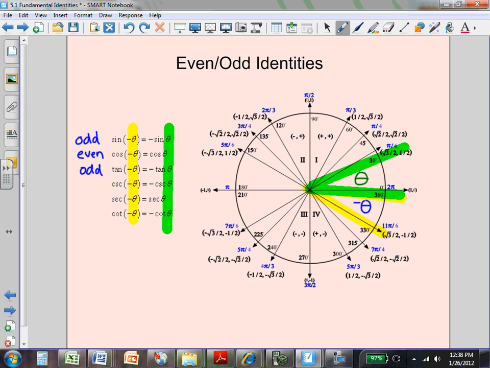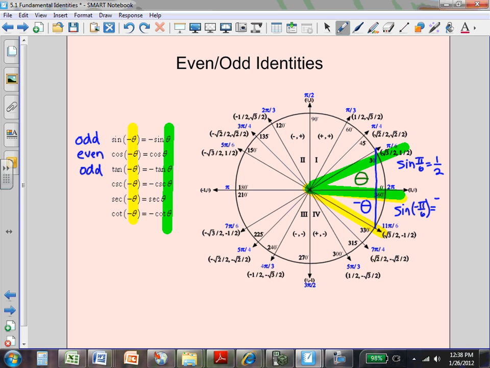So if we look at, say, the sine of pi over 6, we're dealing with 1/2. So the sine of pi over 6 is positive 1/2. Whereas if we look down for negative theta, the sine of negative pi over 6, well, it's the same value, but it's negative.